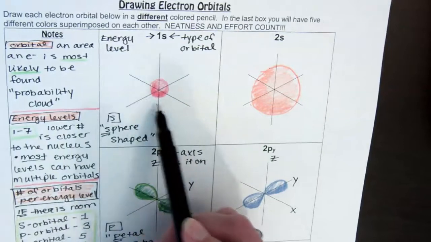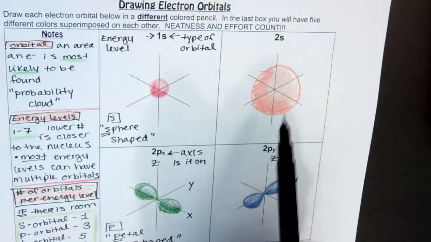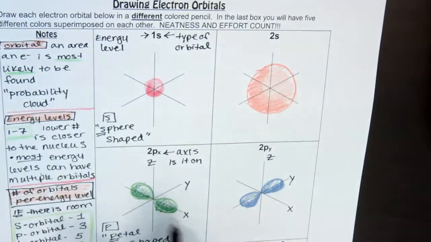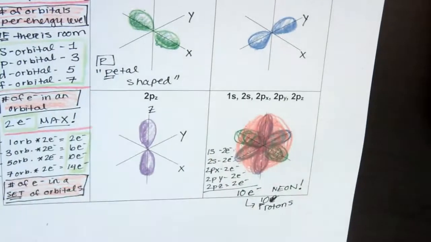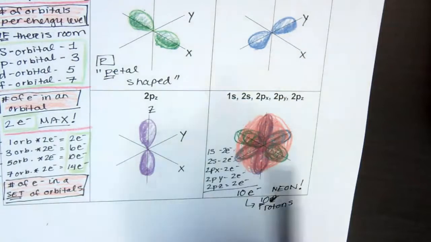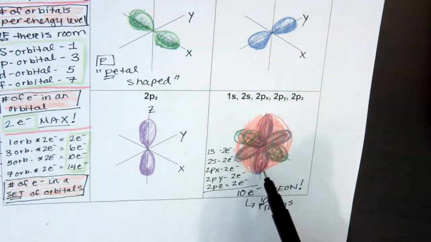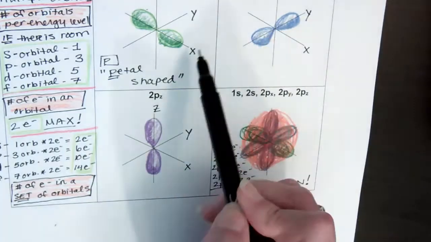So 2 electrons will buzz around here, 2 electrons will buzz around in this shape, 2 electrons will buzz around in this funny shape, 2 more electrons can buzz around in this direction, and the last 2 electrons will buzz around in this shape. So when they're all together, the 10 electrons look like they're all buzzing around in crazy random directions, but we know that they're actually buzzing around these individual orbitals.